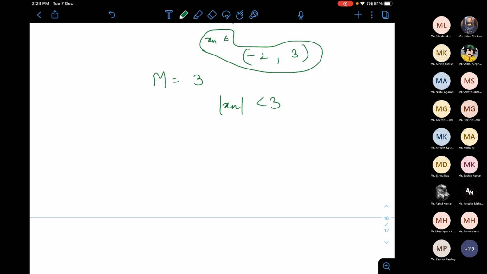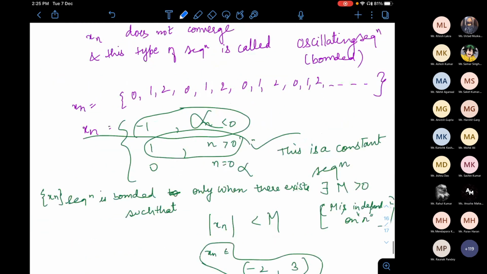She is not responding. But since she says so, let us go back to the sequence, which is a constant number c. This is a constant sequence.